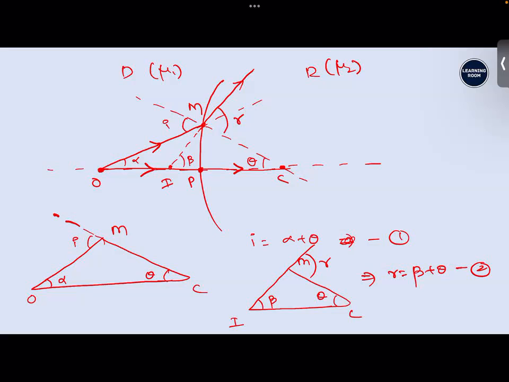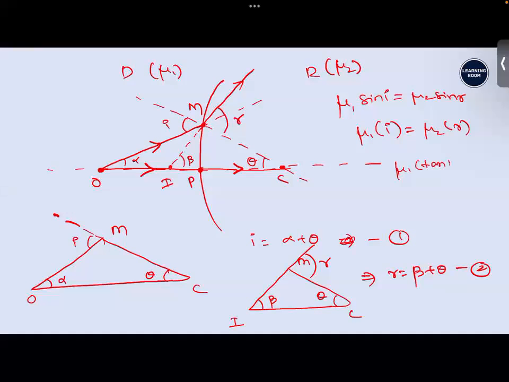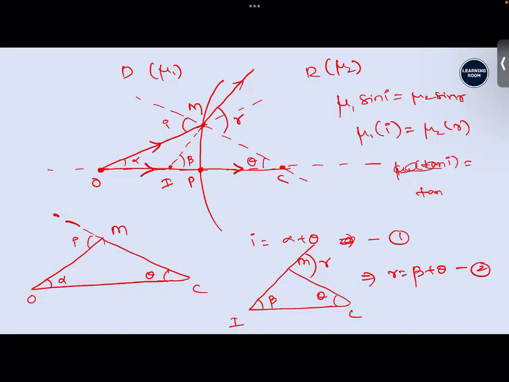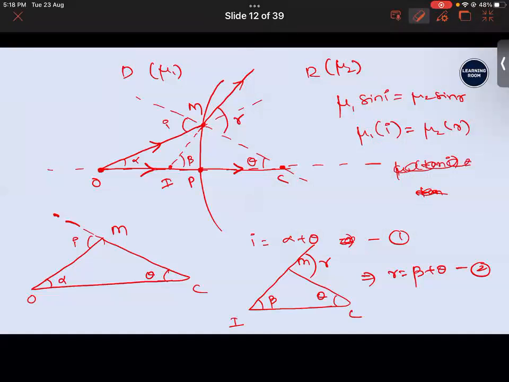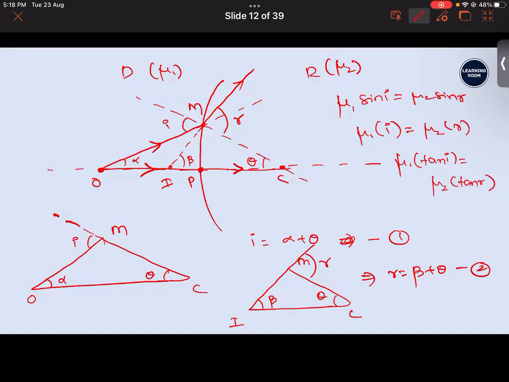When you apply mu1 sin i is equal to mu2 sin r, you will have mu1 into i is equal to mu2 into r, or you can also write it in this way, steps are the same: mu1 into tan i will be equal to mu2 into tan r.